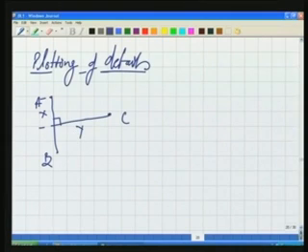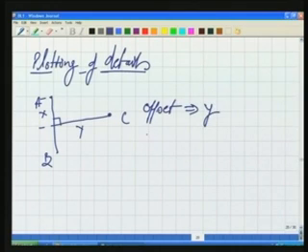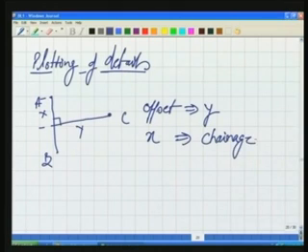This is called an offset, while the x is called chainage. We will talk about it later also. So, at this chainage, we have an offset of y, and at that point we have a tree. This is how we can plot the things.